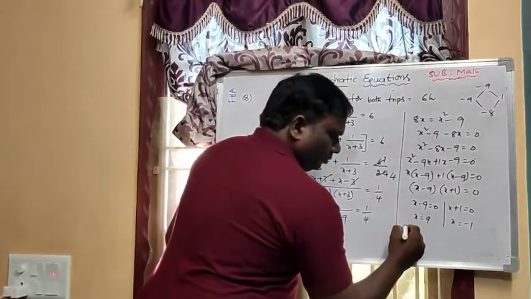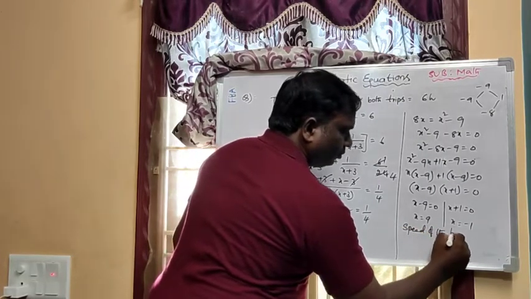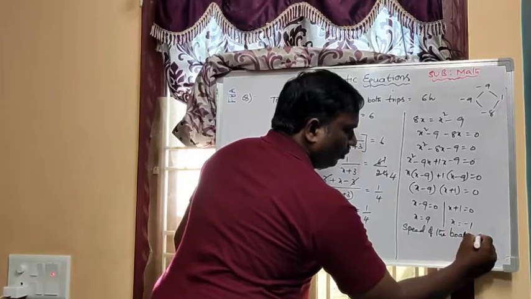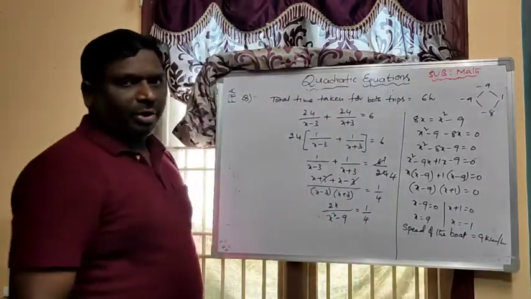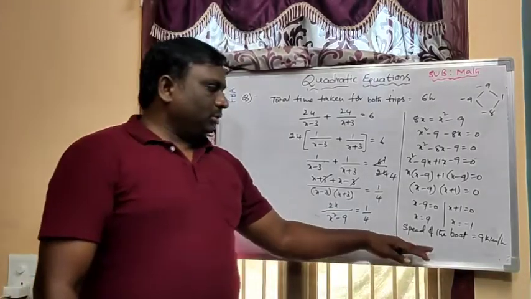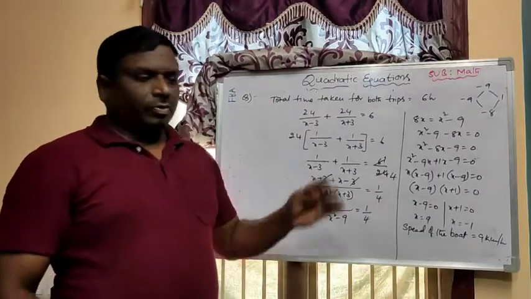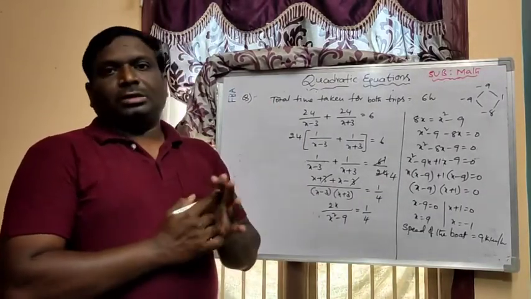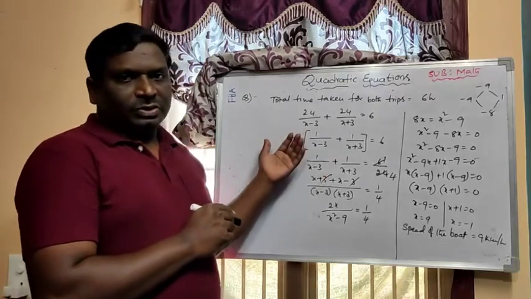So the speed of the boat is equal to 9 km per hour. That is what we have to find. Minus 1 we cannot take. These types of questions they will ask in your public examinations. 4 marks questions will come maybe from this exercise.